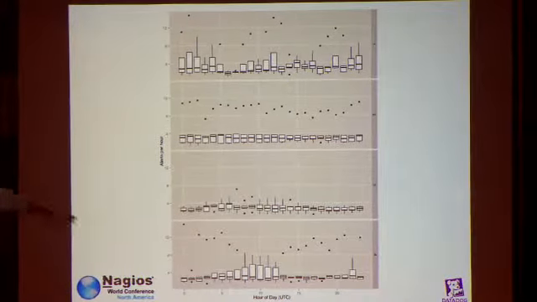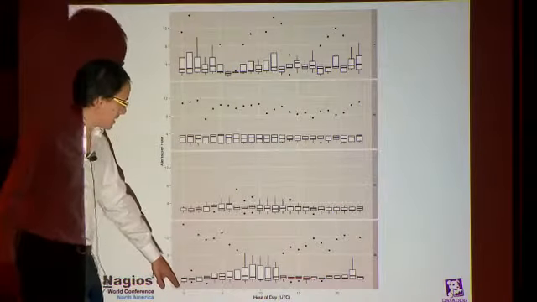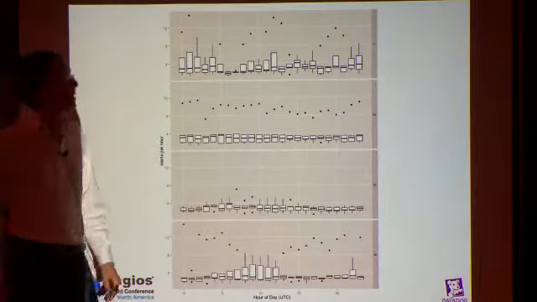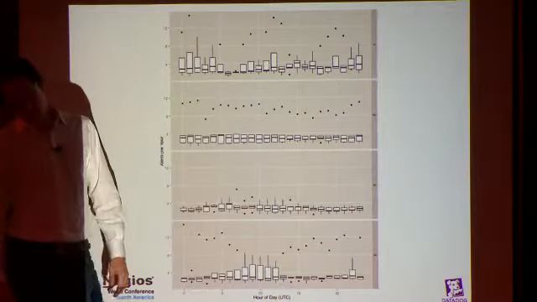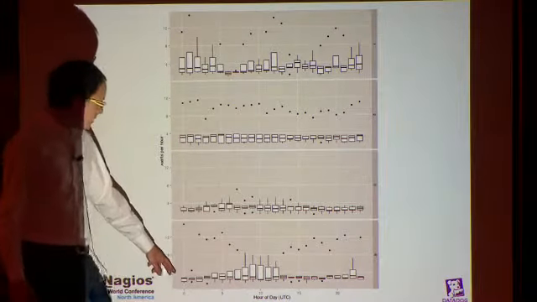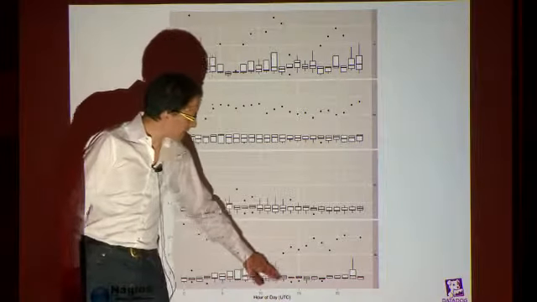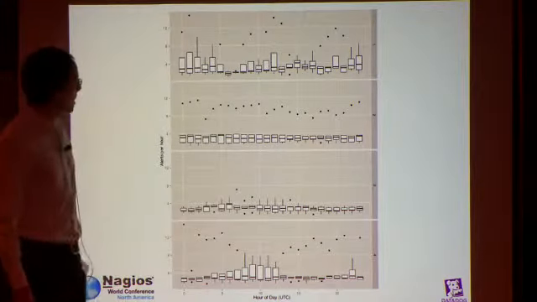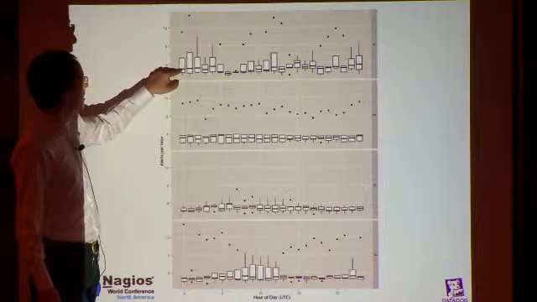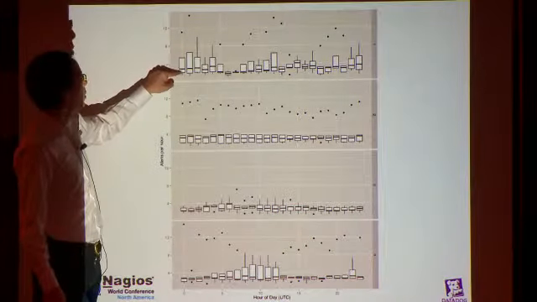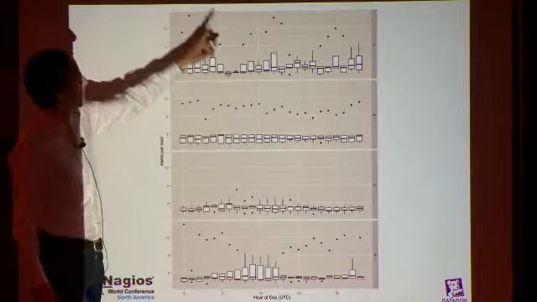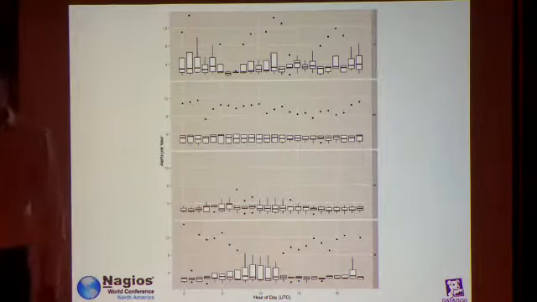This is midnight UTC, which would be East Coast, like 8 p.m., getting to the morning, and this is the rest of the day. The box plot shows the average, the lower quartile, the top quartile, and the maximum, so it gives you a representation of the distribution.